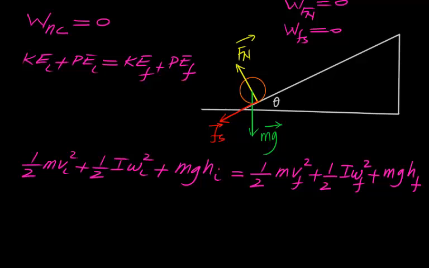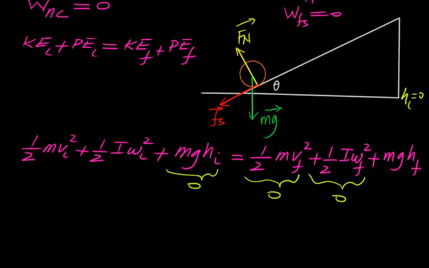Notice that the cylinder comes to a perfect rest at some point, therefore the final kinetic energy is going to be 0. Now if we choose the bottom of the incline to be the reference point of measurement of heights, which means that the height initial equals 0, therefore the mgh initial is also going to equal 0.